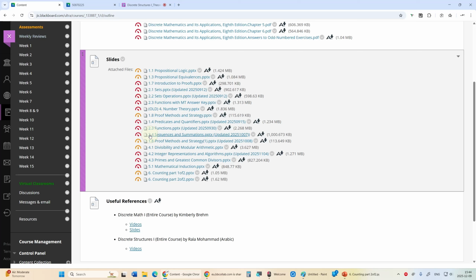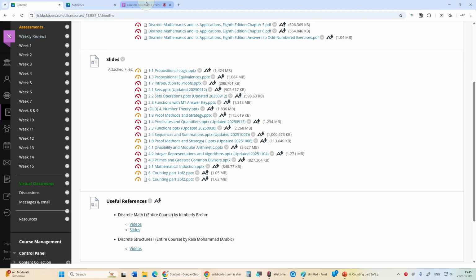I removed the chapter 6 that combined all of them, and I put them counting part 1 of 2 and 2 of 2. In the 1 of 2, I made the last exercises, so you can just hide the answers. If you look at the slide, it's not going to show the answers right away, especially if you run it on presentation. So this is something that I didn't do last time. I thought I did, but I didn't. So now it's fixed, and hopefully it's fixed here as well.